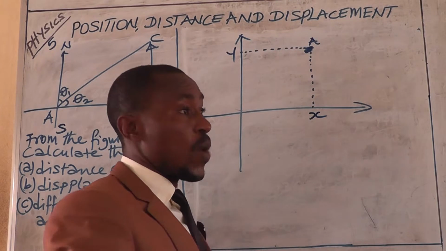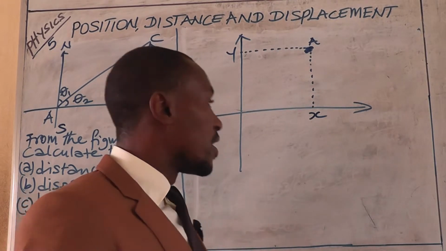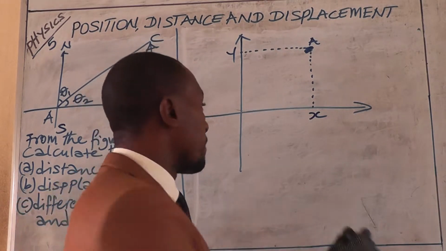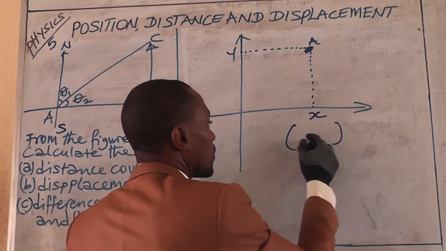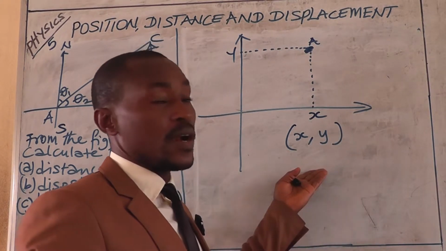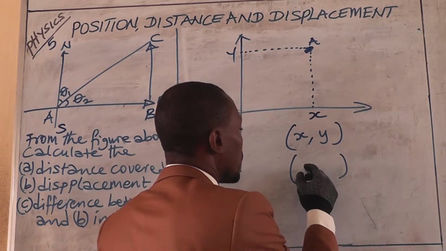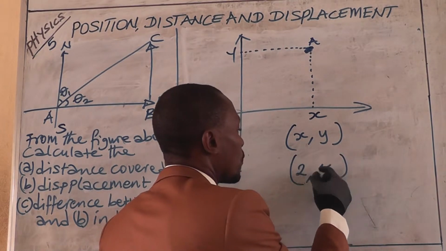The x-axis and the y-axis, representing the abscissa and ordinate, can be given in bracket form as thus. You have (x, y). This is for the general case. You may be given values in figure form, (2, 5).